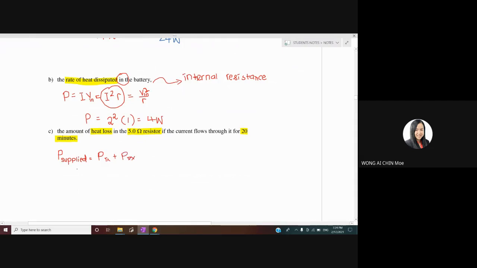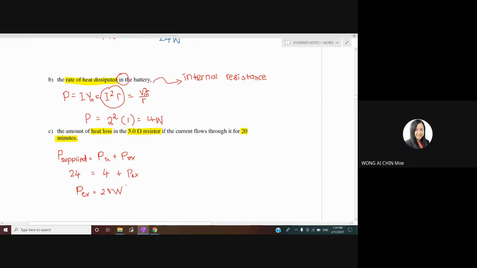P supply just now is 24 watt by the battery, and P internal, the power lost inside the battery, is 4. So P external is 20 watt.